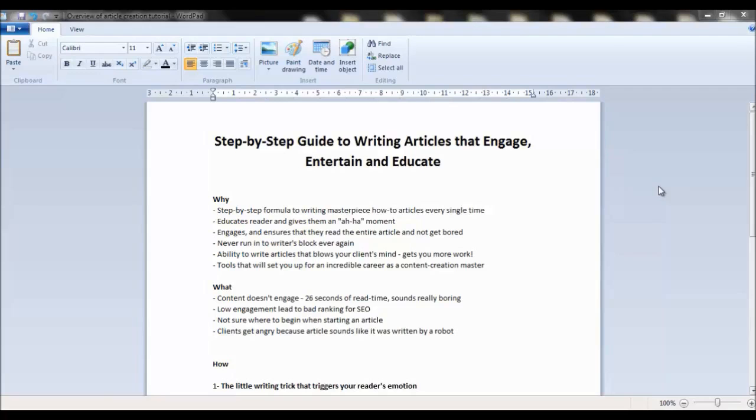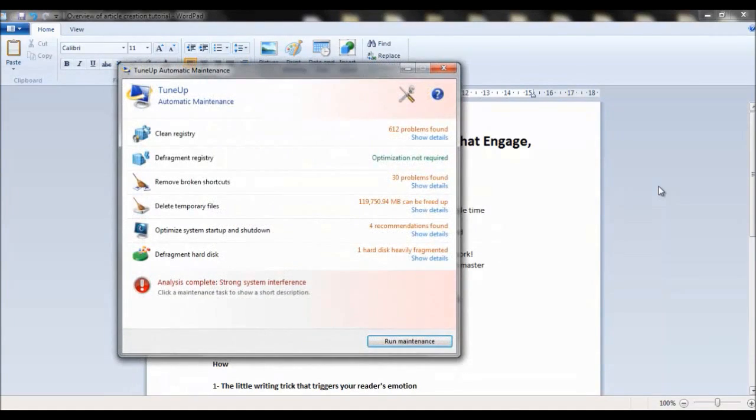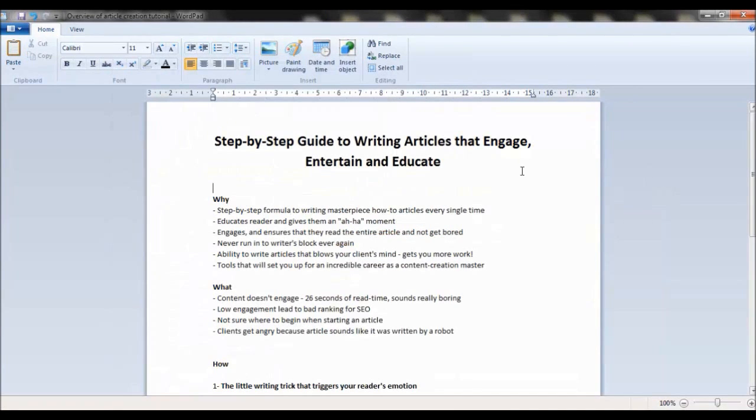Obviously that's not what you want, because then the article will not rank on Google, and that's really important. So low engagement leads to bad ranking for SEO. We know that already.